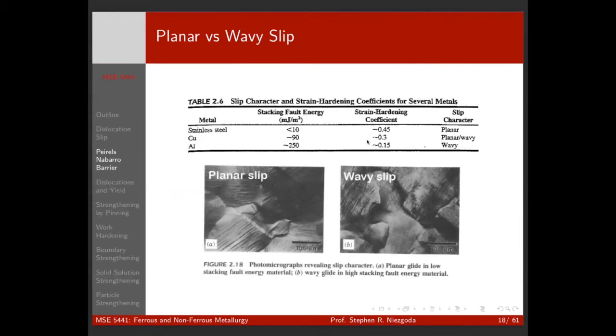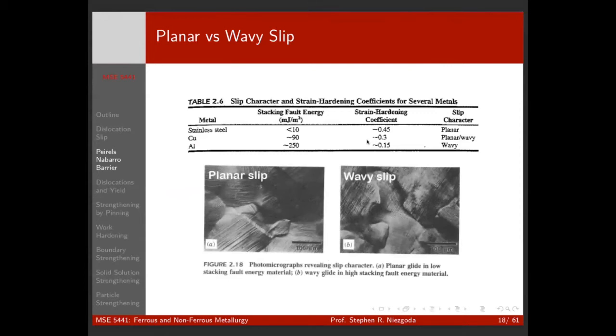Remember, we've got these partial dislocations that are separated, right? A partial dislocation, is it an edge or a screw, or does it have mixed character? Right? It's neither a perfect edge nor a perfect screw, right? So it's mixed.